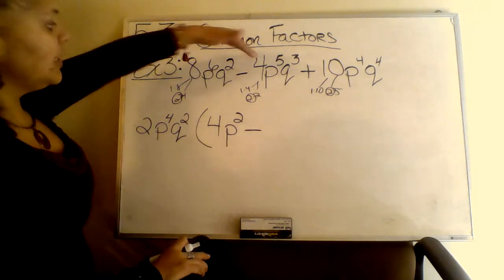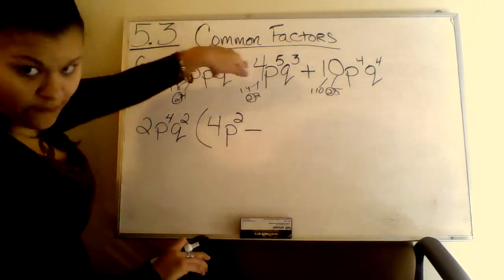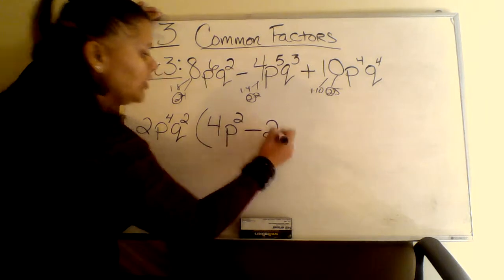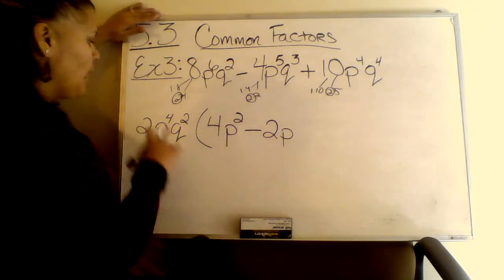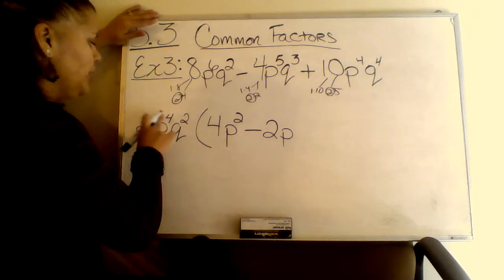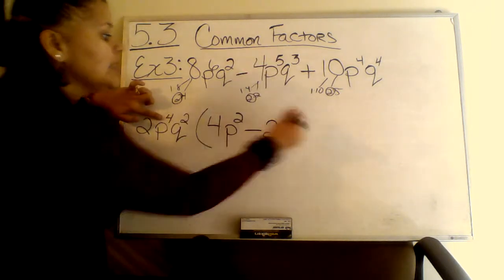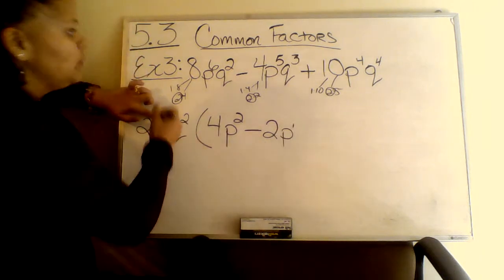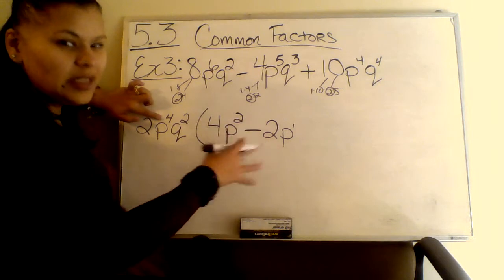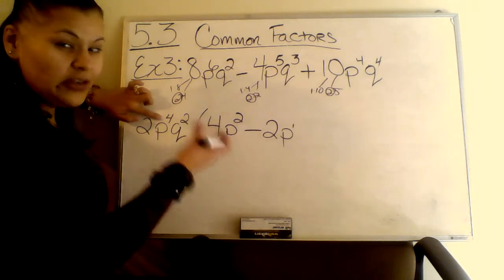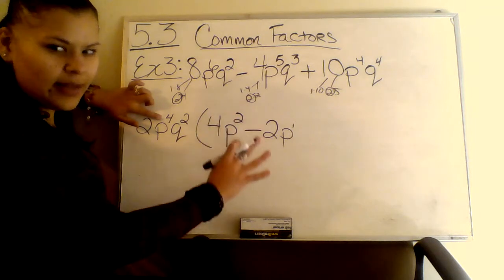Now the next one. I have 2 on the outside. 2 times 2 gave me that 4, so the 2 is left in there. Now my P. I have 4 out here and I have to get 5. So 4 plus 1 gives me 5. Normally we don't leave the 1 there, because if the letter's by itself there's an imaginary 1 for an exponent, but I'll leave it for now and rewrite it at the end.